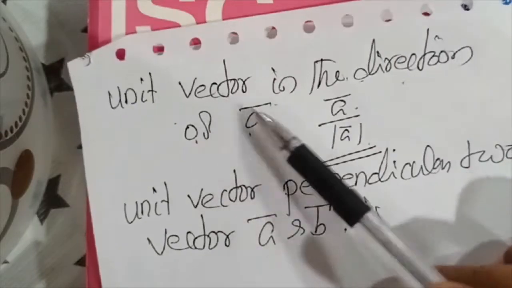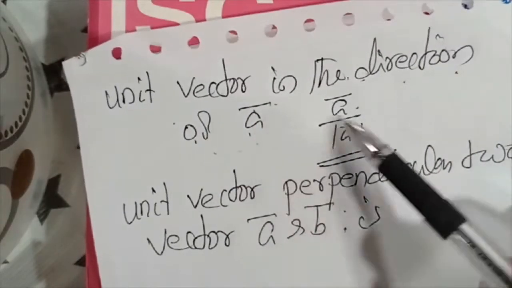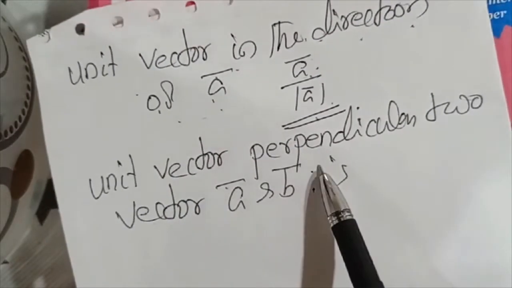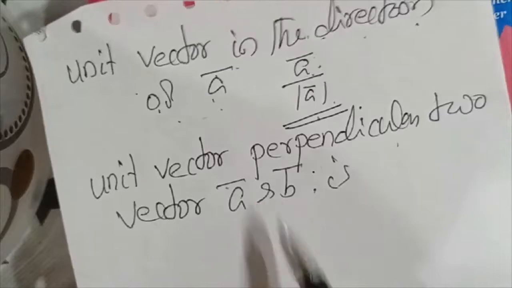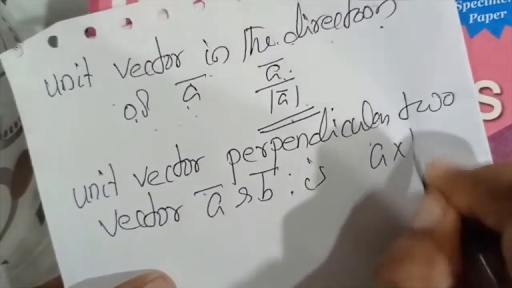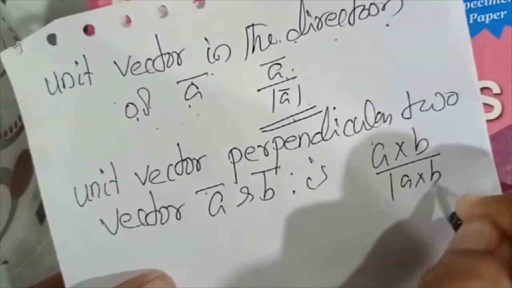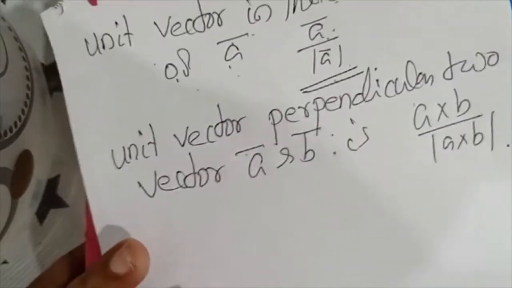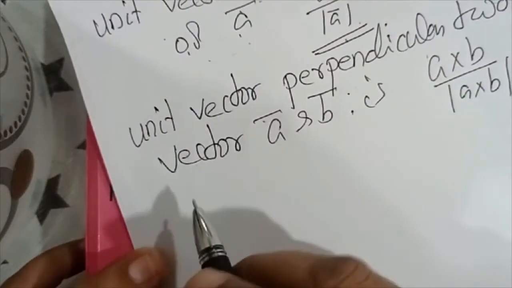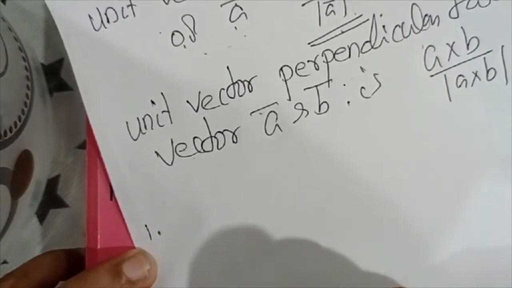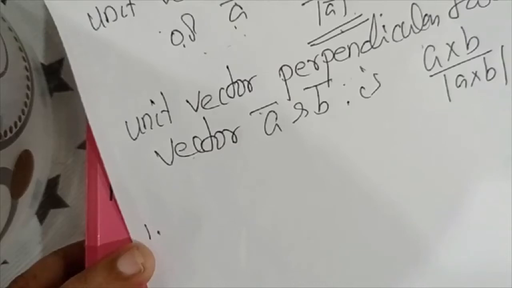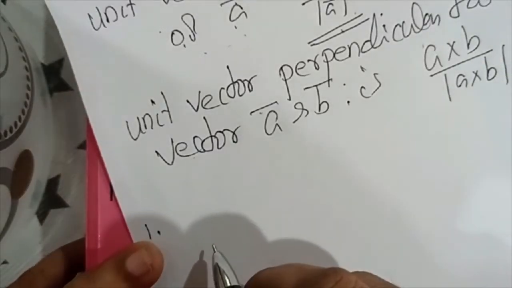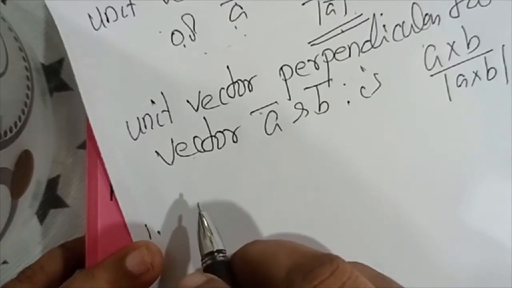The first one is unit vector in the direction of vector A is vector A by modulus of vector A. But here the question is unit vector perpendicular to two vectors A and B is A cross B by mod A cross B. Right, the first question. Find a unit vector perpendicular to the two vectors.